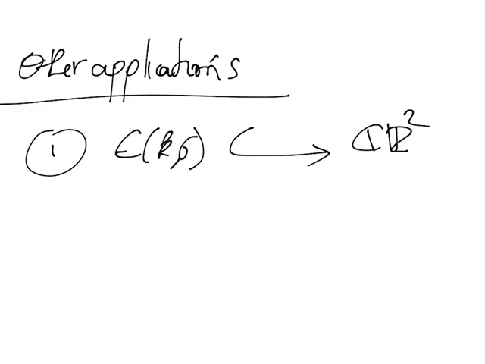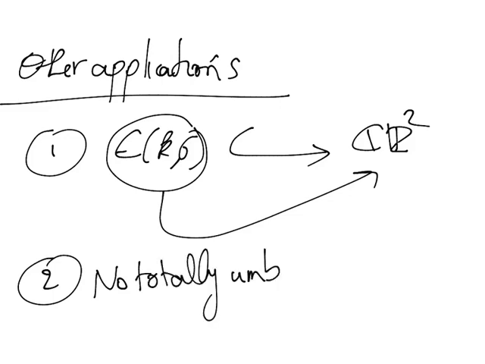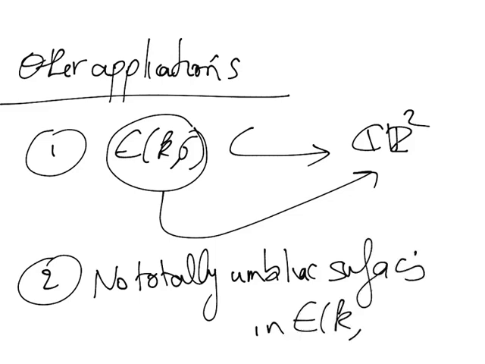So we use spinors on E kappa tau to construct such an isometric immersion. We were able to prove that there are no totally umbilical surfaces in some E kappa tau.